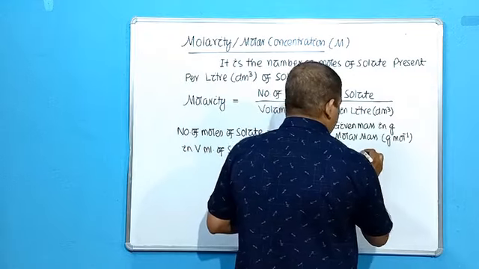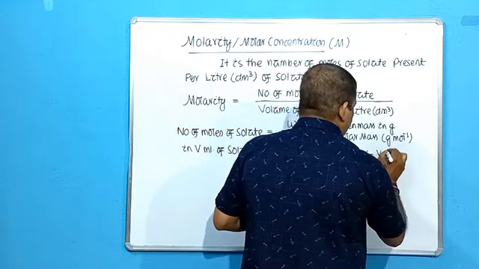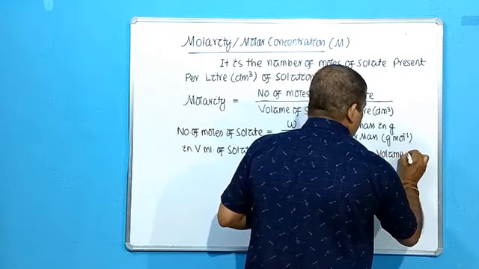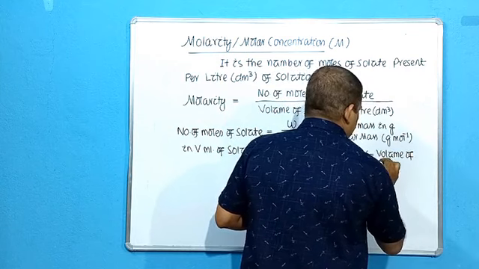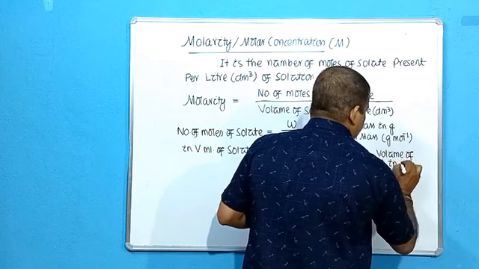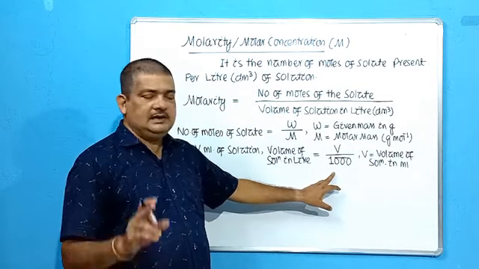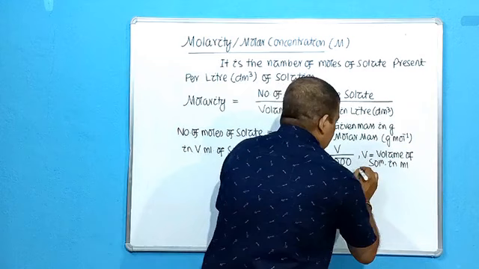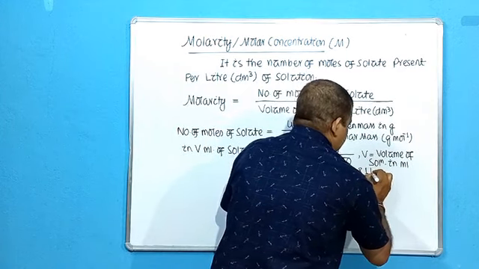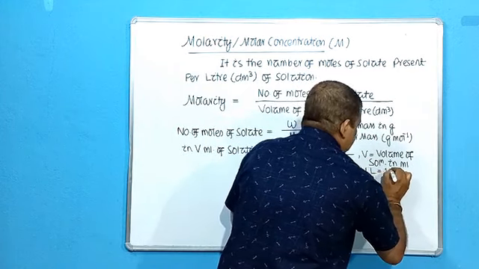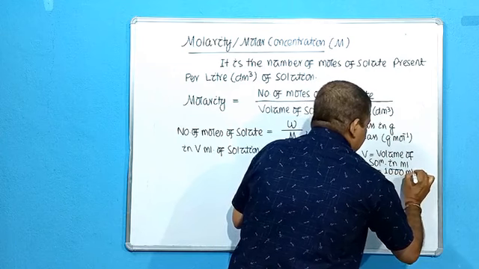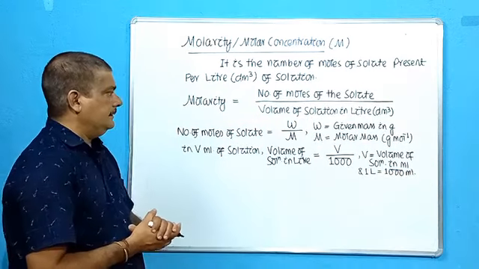So where V is the volume of solution in milliliter, and you know why we are dividing it with 1000. Now we know that 1 liter is equal to 1000 milliliter.